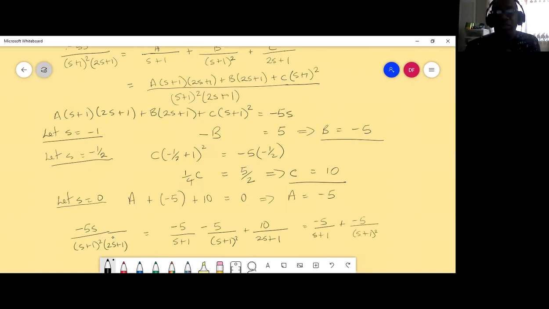I'm going to divide by s plus a half. So we're going to take the inverse transform for those.